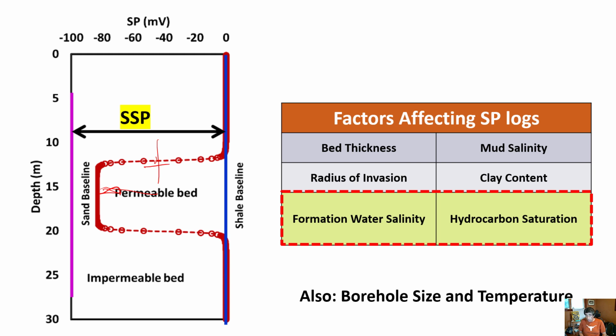Presence of invasion is also a very important concern, because when one has invasion, the concentration front moves inside the formation, and as a consequence, the distance from the charge boundary to the borehole surface or the location of the electrode increases, and that also decreases the amplitude of the voltage. And avoid hydrocarbon saturation, and also we want to make sure that we make the measurements in the center of the bed.